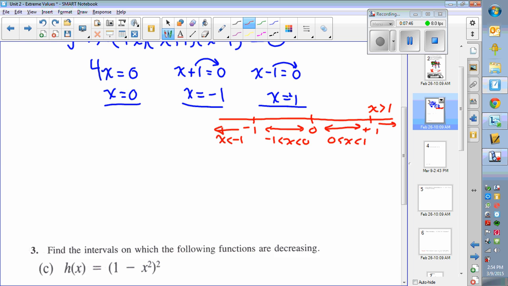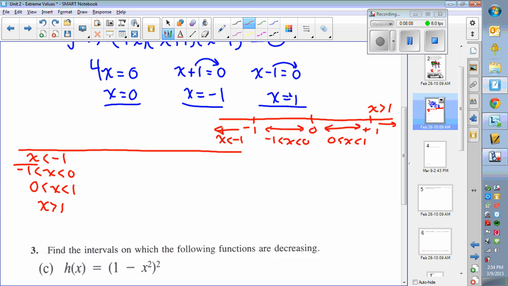So I have 4 intervals to test. So I'm going to create a table that has all 4 of those on it. So I'm going to have x less than -1, between -1 and 0, between 0 and 1, and x greater than 1. These are what I'm going to have as intervals to test.